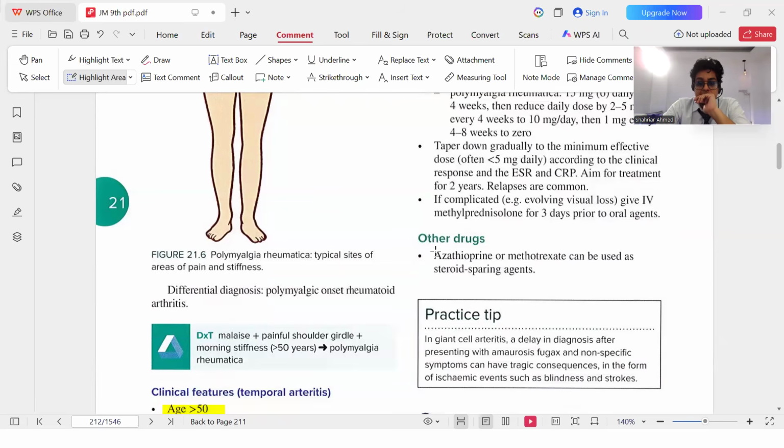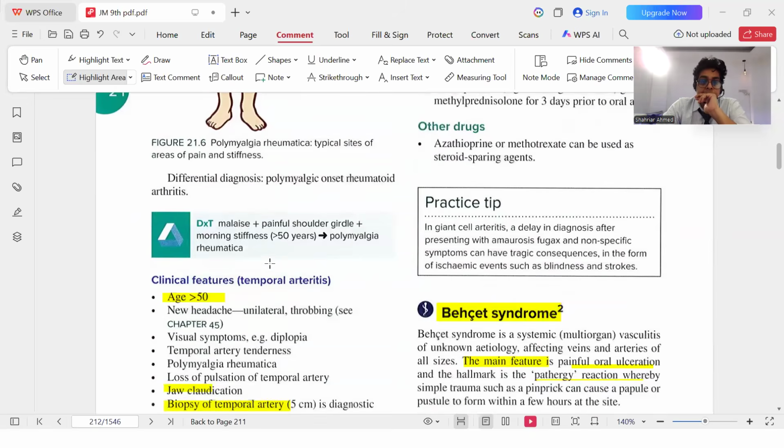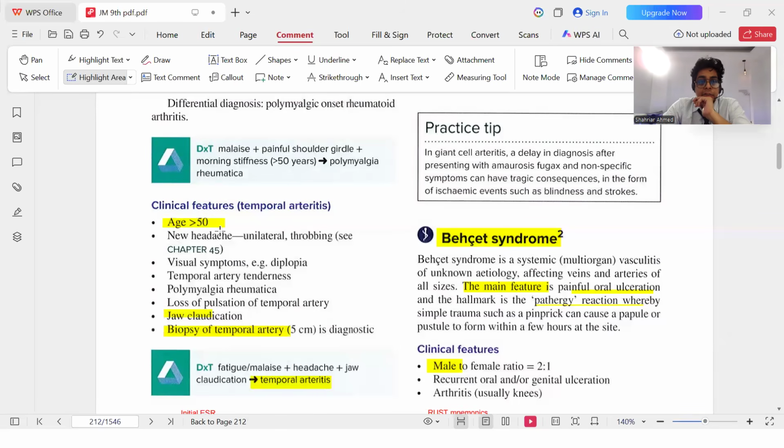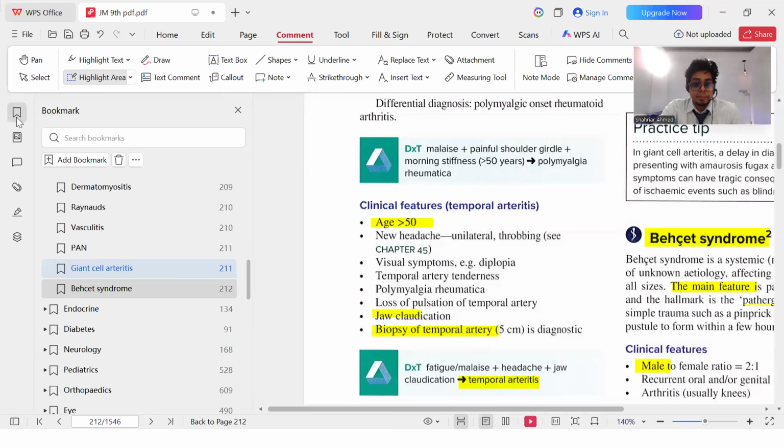Is it clear, everyone? The clinical scenarios are over 50, some cases with jaw pain as well, and temporal headache. Confirmatory is a temporal artery biopsy, but often we don't do it. Often we make the diagnosis clinically, and you have to act very, very quickly in this case.